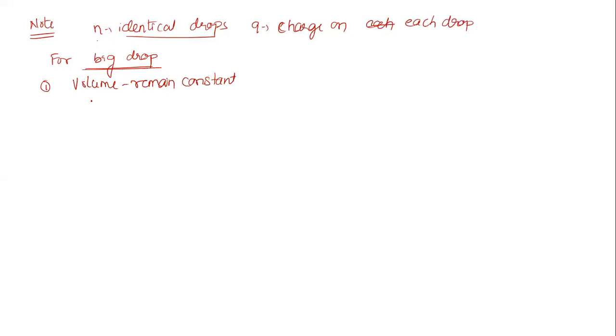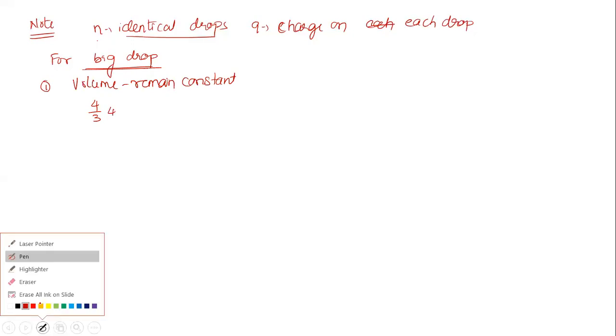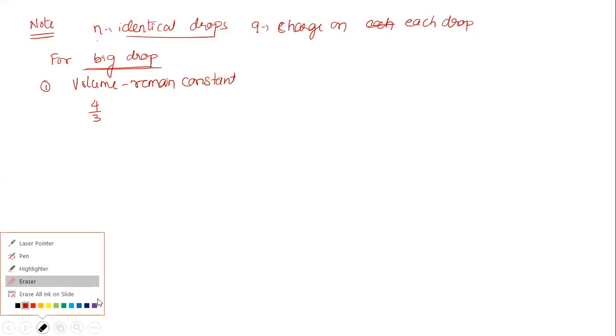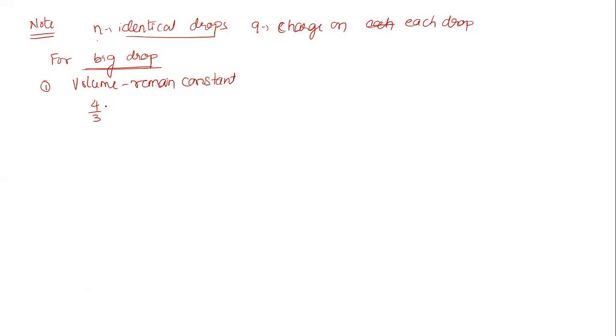Initial volume is 4 by 3 pi r cube multiplied by n, because there is the volume of one drop and n drops are there.